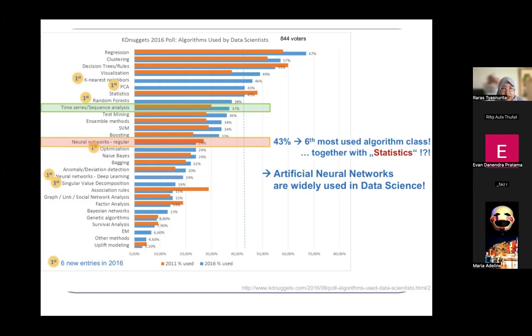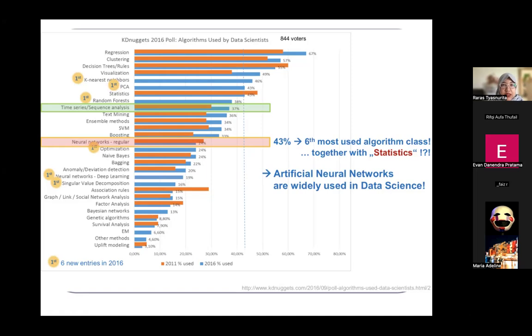Where is the neural networks here? Right, so it has the six most used algorithms together with the statistics. In terms of data analytics, the field is data science. Yeah, we use neural networks also quite a lot.